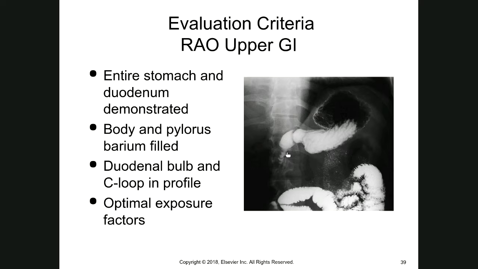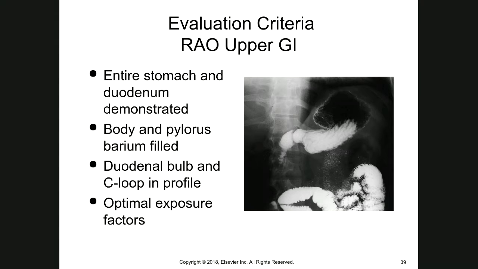The body and the pylorus now are full of barium, and the fundus is full of air because remember, it sits superior and posterior. So with the patient on their stomach, air rises and actually fills the fundus. The duodenal bulb is in profile along with the C loop of the duodenum, and that's actually a great image.